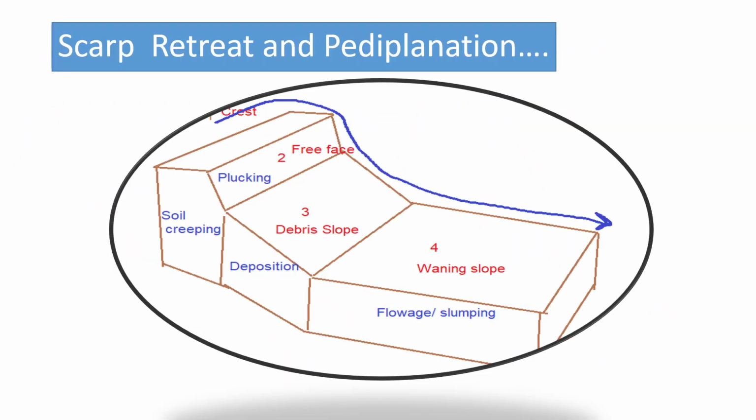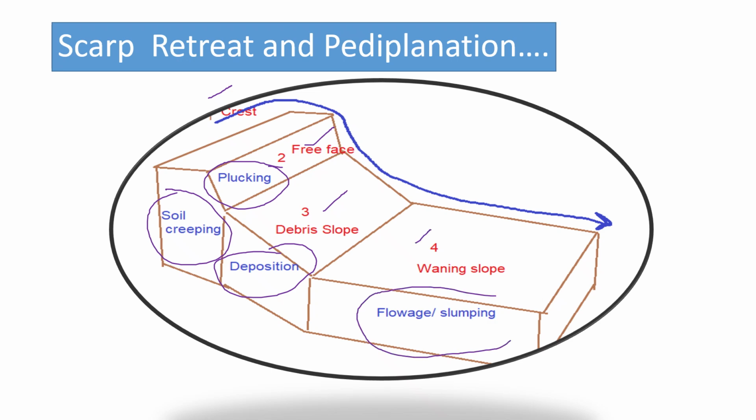Therefore, the first segment is the waxing slope and the process is soil creeping. The second segment is the free face, and the process is plucking. The third segment is the debris slope, and the process is deposition. And the fourth is the waning slope, and the process is slumping and flowage.